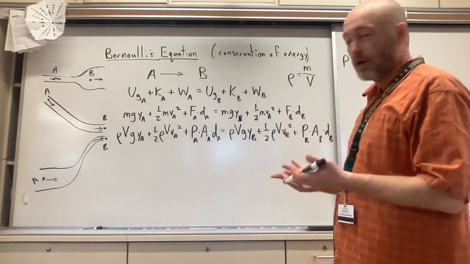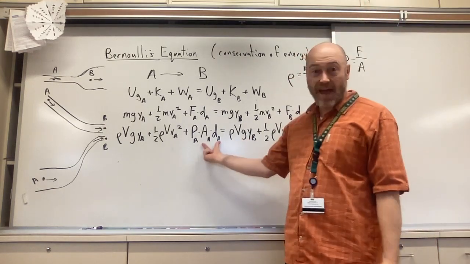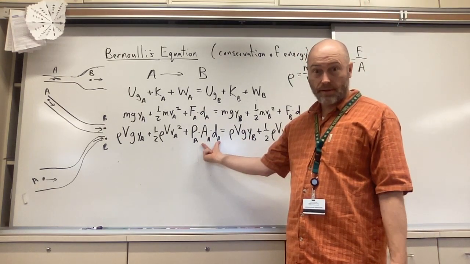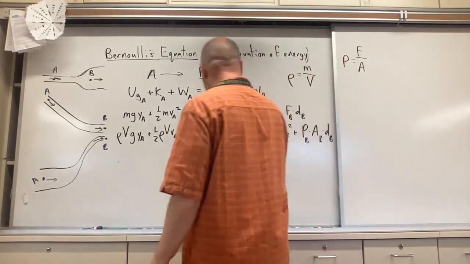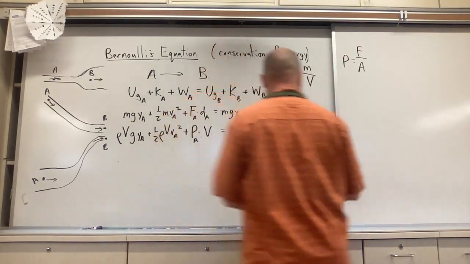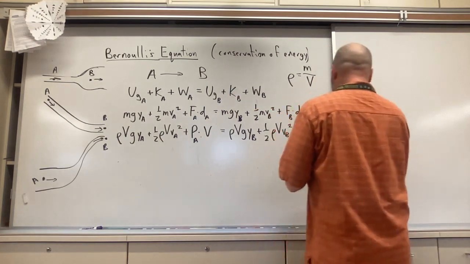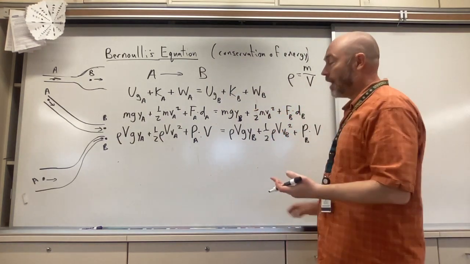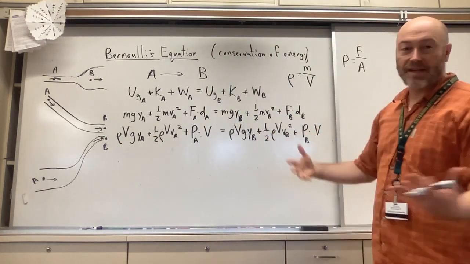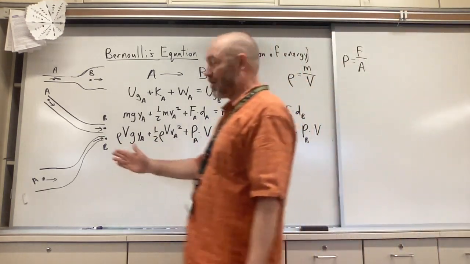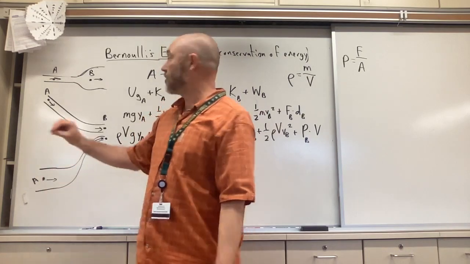Now, if you take a look, though, does everybody see that is right? That's volume. Okay. So this would be volume. This would also be volume. And look, volume, volume, volume, which makes sense. That all has to be the same because remember, that's the equation of continuity.